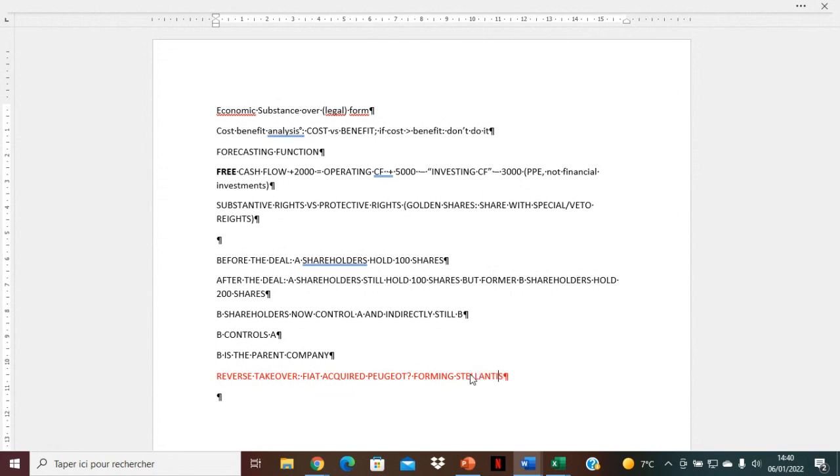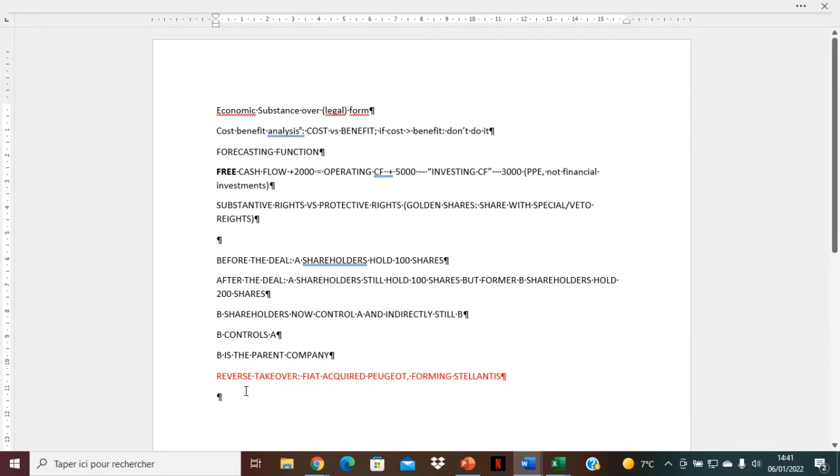So it's the merger of Fiat and Peugeot. But actually, it was a reverse takeover because the former Peugeot shareholders and the management of Peugeot are actually running Stellantis. So that's a reverse takeover.